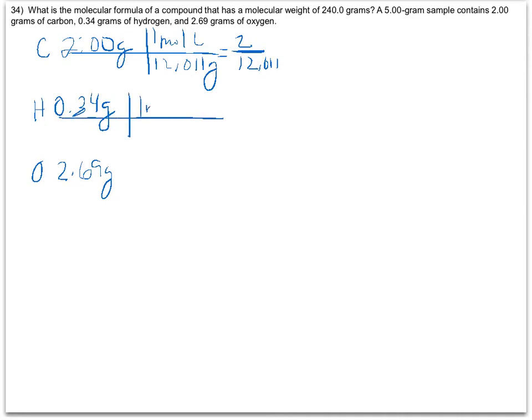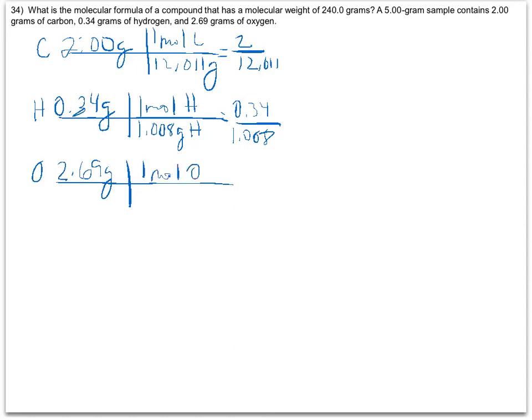Alright, 1 mole of hydrogen, when you look at the periodic table, is 1.008 grams of hydrogen, which means we're taking the 0.34 and dividing it by 1.008. And then the 2.69 grams of oxygen, 1 mole of oxygen over 15.999 grams of oxygen, straight from the periodic table. So we're taking the 2.69 and dividing it by 15.999.